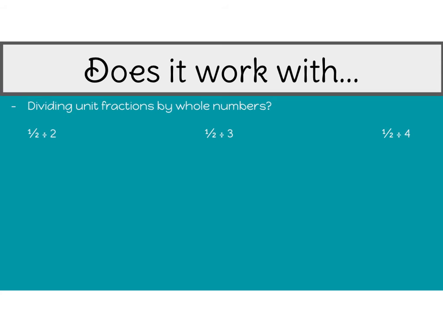We're going to take 1/2 divided by 2, and we're going to change the 2 to a fraction. So that will become 4/2. So our new problem would be 1/2 divided by 4/2.